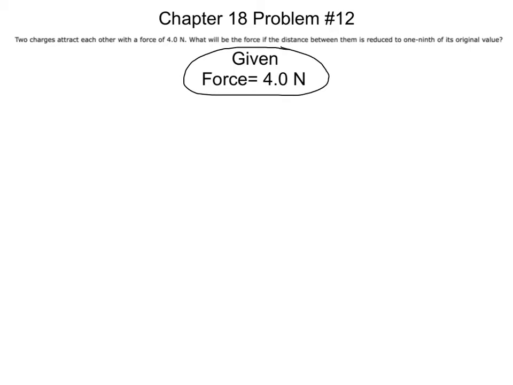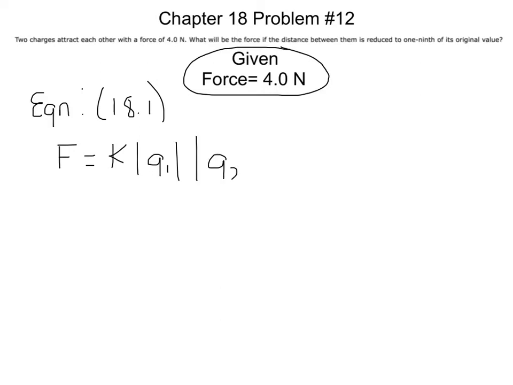Right? So for this problem, you're going to use equation 18.1, which is F equals K Q1 times Q2 all over R squared.